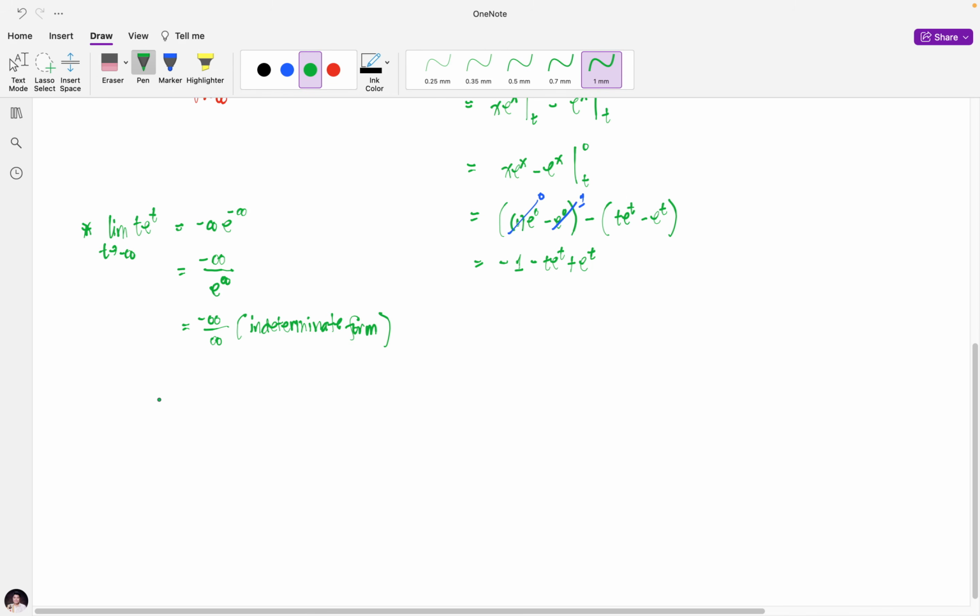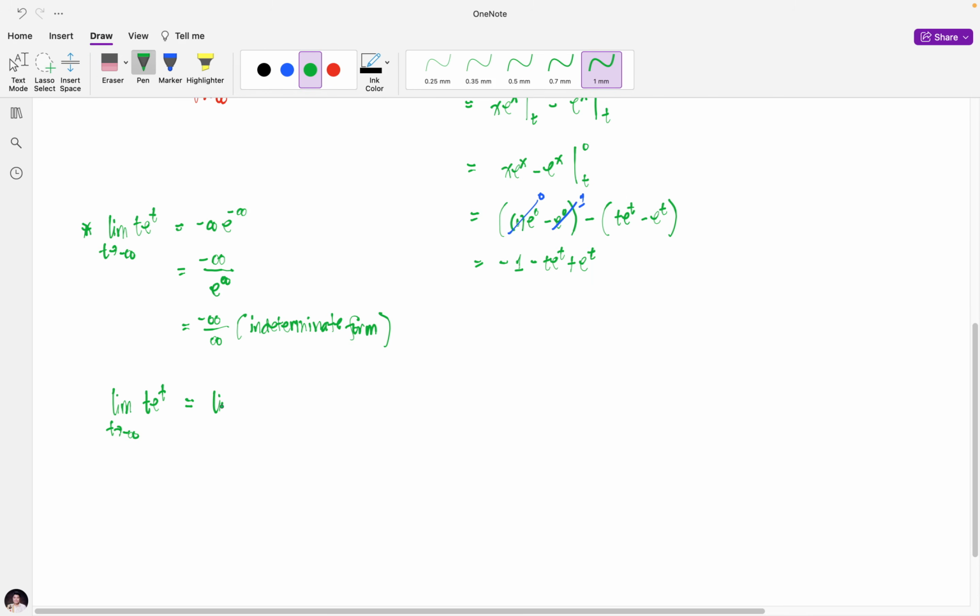According to L'Hopital's rule, we will just differentiate the numerator and also the denominator. So rewriting our limit, this is just t e raised to t as t approaches negative infinity. Dapat maging quotient ito para magamit natin yung L'Hopital's rule.